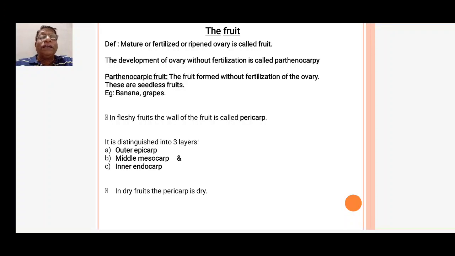The fruit is defined as a mature, fertilized, ripened ovary. When the ovary is fertilized, then it develops into what is known as a fruit. Thus, the fruit is defined as a fertilized, ripened ovary.